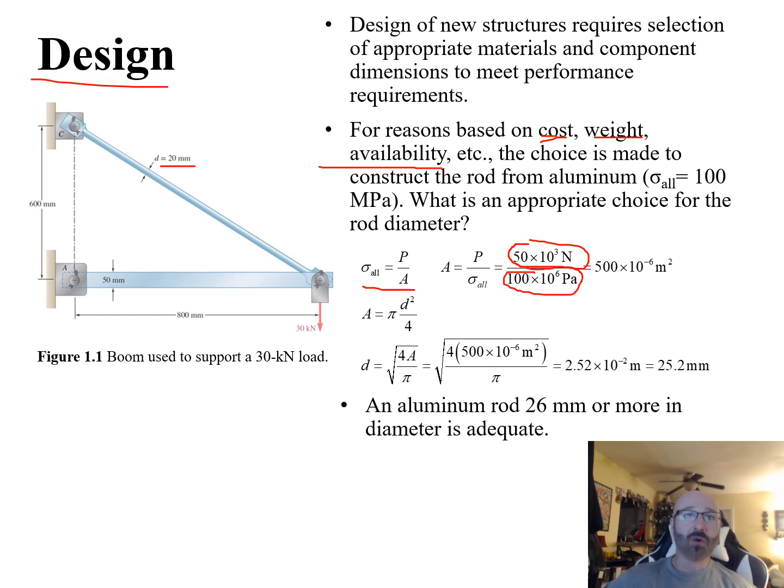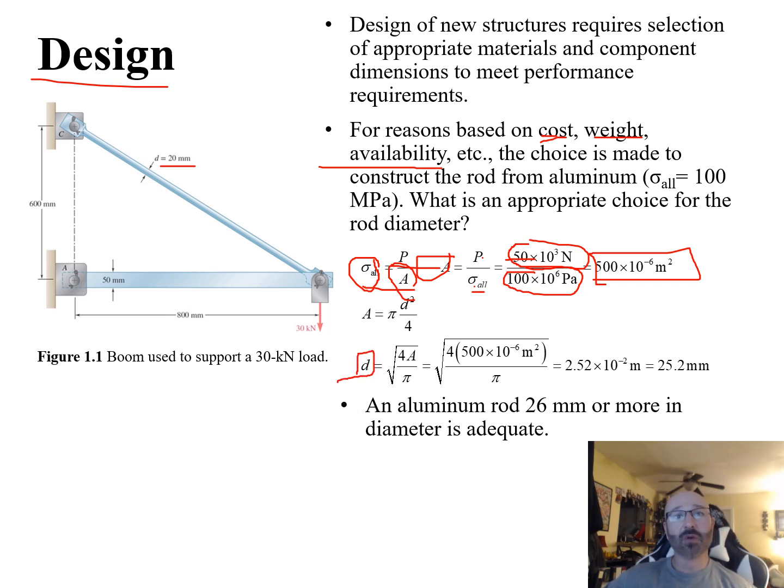So rather than before where we knew our load and knew our area, now we know what the allowable stress should be, and the question is, what is the area based upon that? So we put in our load, and now we can reverse that, and P over our sigma will give us an area here. Now if we have the area, we can back out a diameter from our area.